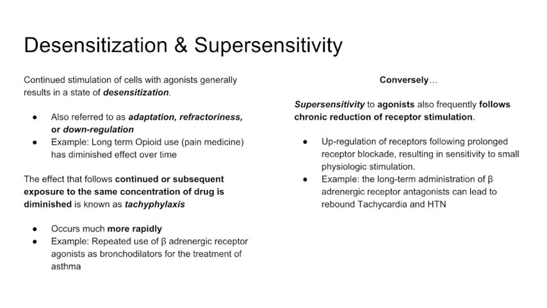That's if you were to quickly and continuously expose a patient to a specific drug, they could have very rapid desensitization, which is termed tachyphylaxis. The example here is a patient you're giving a beta blocker. So this is something like albuterol. It's used for asthma.